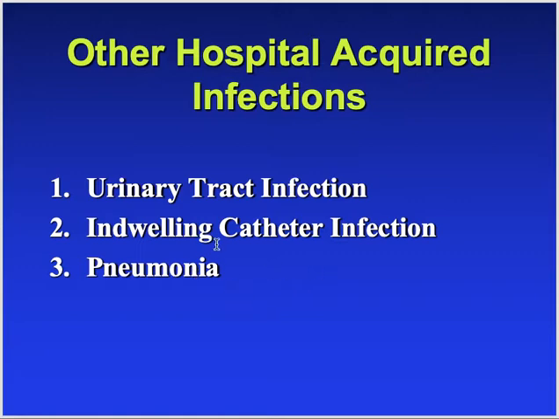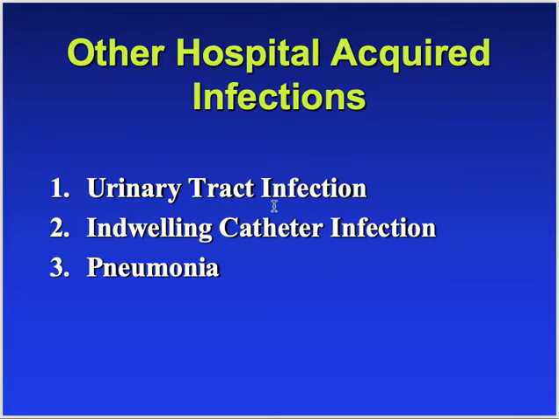And then if I talk about indwelling catheter infection, of course, the patients who are in hospital, they put catheters, they put CVP lines, peripheral catheters, or any other type of catheters, even when they catheterize the bladder, it can result in UTI.